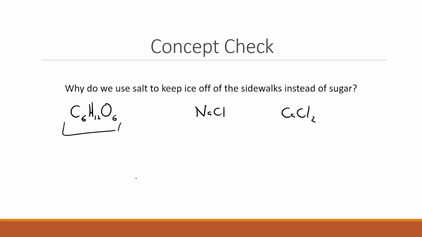When you put sugar into the ice, if I were to go out on the sidewalk in the middle of winter and start sprinkling sugar down, it would lower the freezing point. It would absolutely lower the freezing point of the ice, making it melt. But it gives you one dissolved thing.